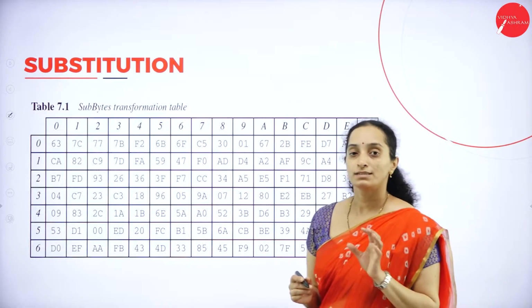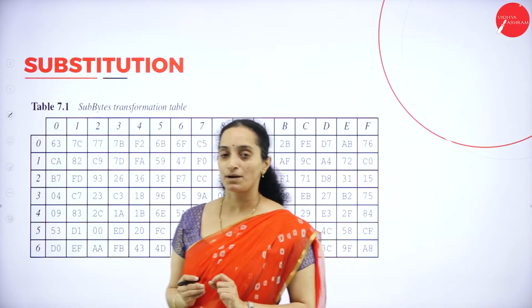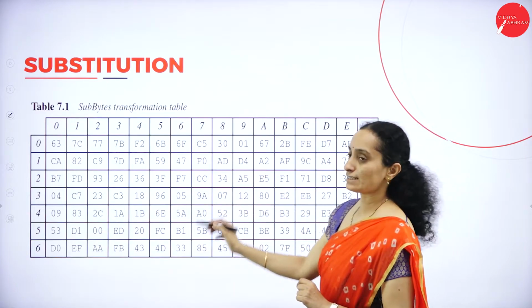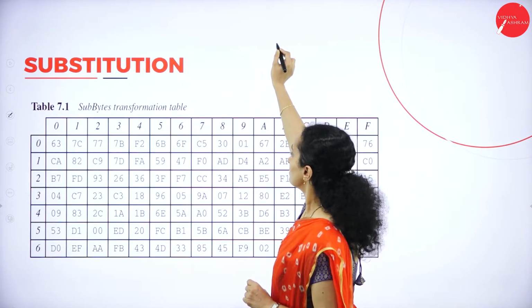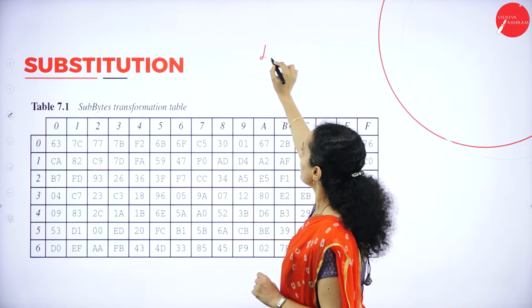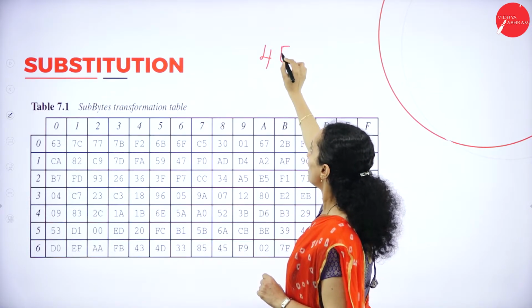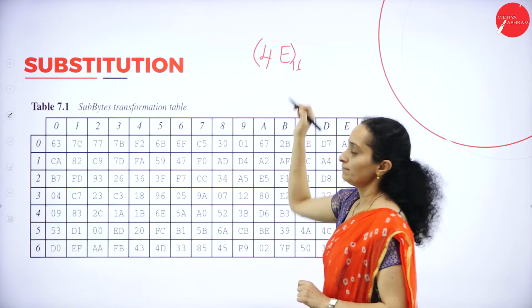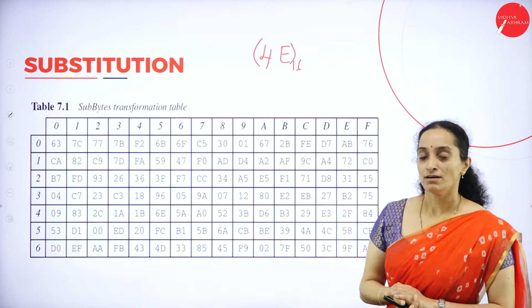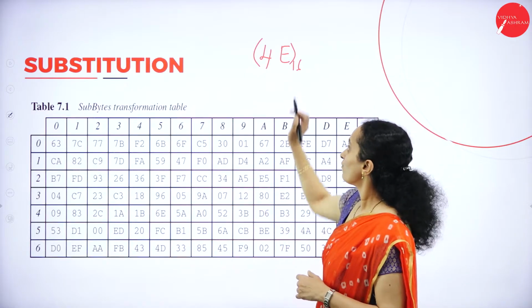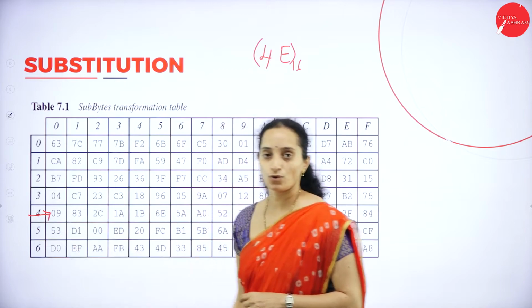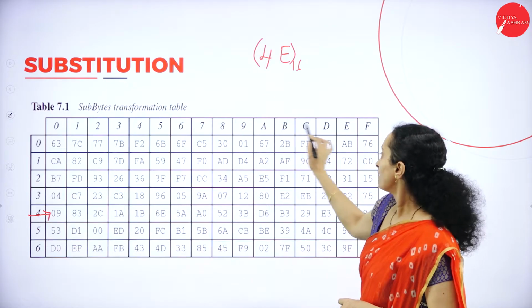We use the sub-byte transformation table to do this. Here we have the sub-byte transformation table. If we have a byte 4E base 16, how do we transform it? 4 will be the row and E the column.